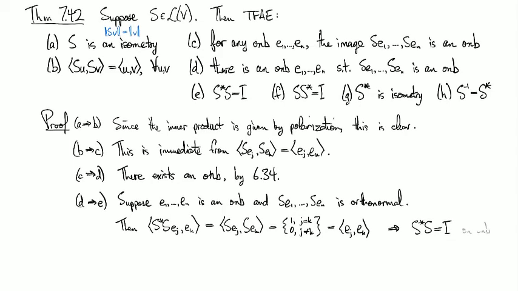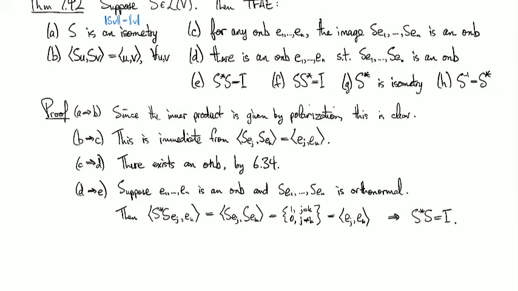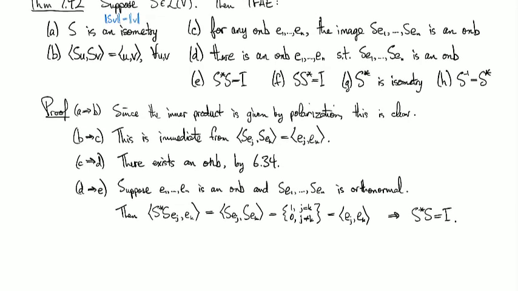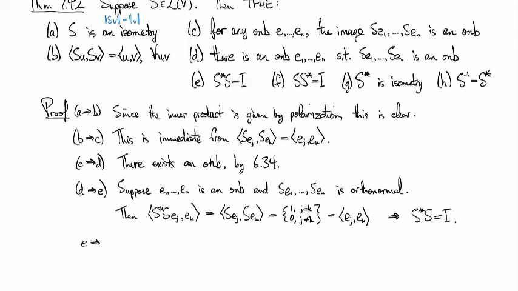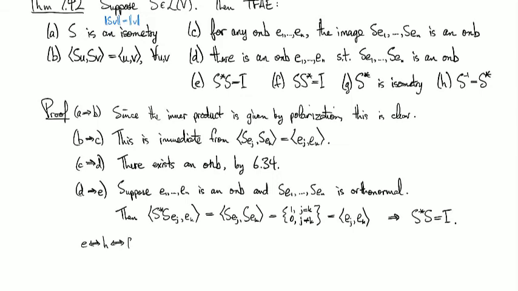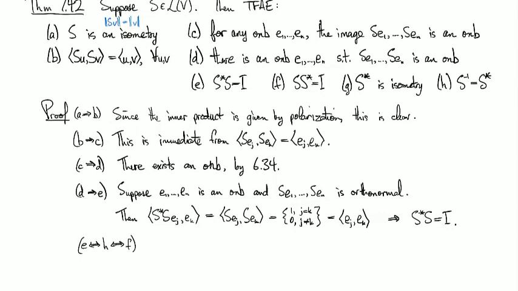Okay, now for this last part, I'm going to do it a little bit differently than how they do it in the book. I'm just going to show that E is equivalent to F, by appeal to an earlier exercise.